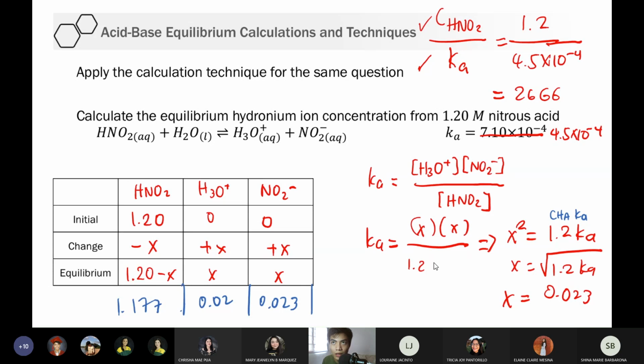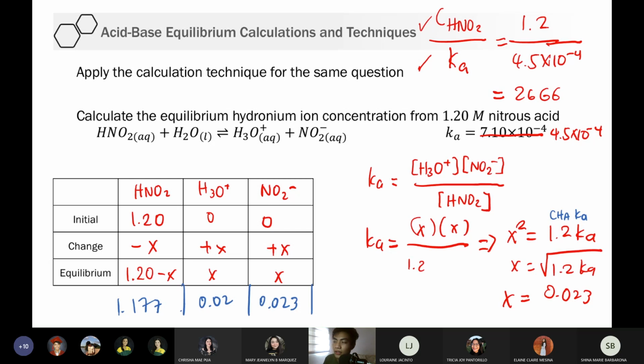So that you will no longer use the quadratic equation. Because the x can be determined by the square root of CKa. The concentration of acid times the Ka, square root mo yon, x na yon. Then whatever your x value is, i-plug in nyo uli yun dito to get the actual equilibrium amounts. Yan, tapos na. So, ito yung reason bakit 1 minute lang kaya sagutan yung isang problem.